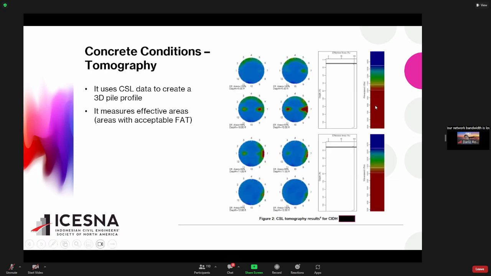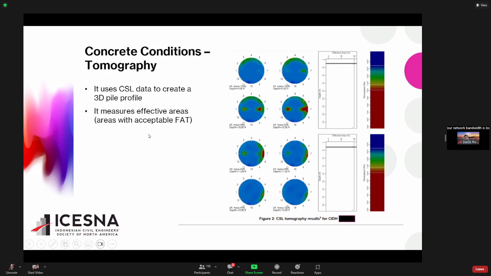It uses the CSL data to create this 3D pile profile, and then you can cut the pile at any depth. This one is at a depth of 9 feet, this one is at 9.5, half a foot increments, this one is at 10 feet, this one is at 10.5, and so on. So you can have a profile at any depth that you want to cut.